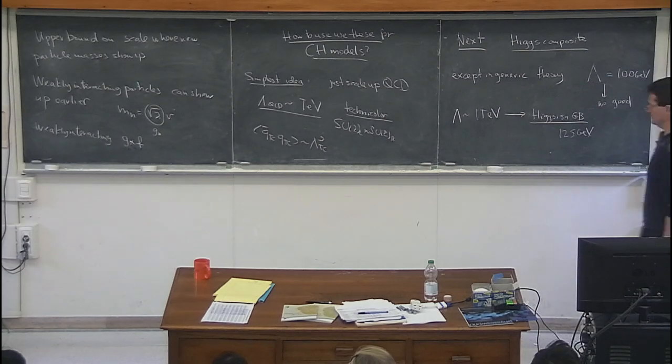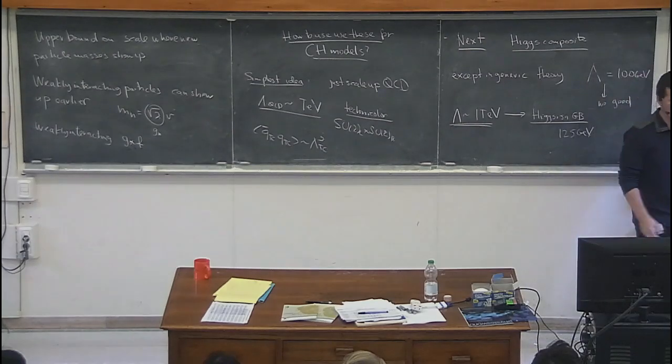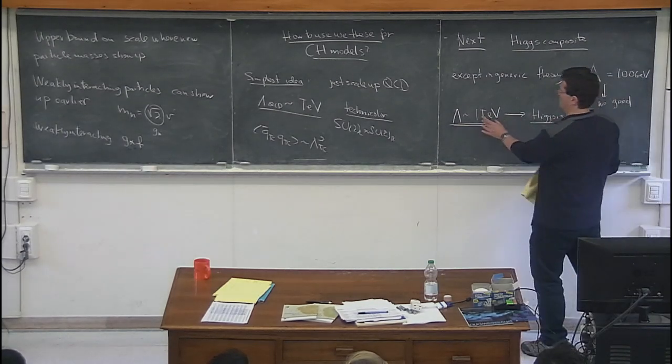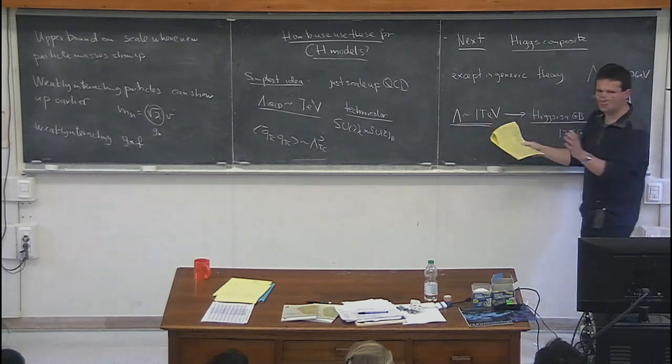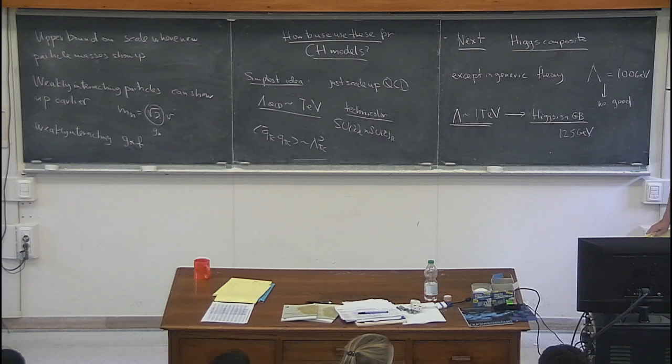Because again, the expectation would be that at this scale, 1 TeV, a very large set of bound states would show up. Even if you say it's not 1 TeV but 2.5, such that the LHC hasn't seen it, it would give rise to all kinds of higher dimensional operators for the standard model particles, and that would give rise to a lot of electroweak precision corrections.